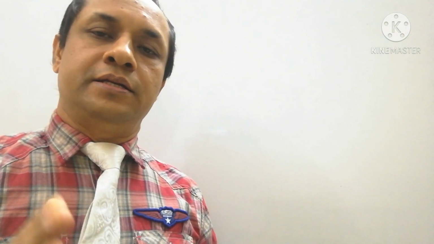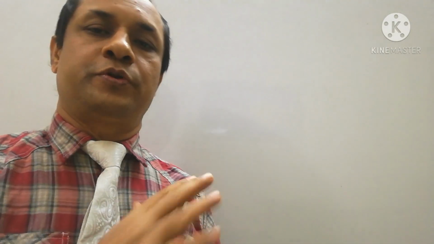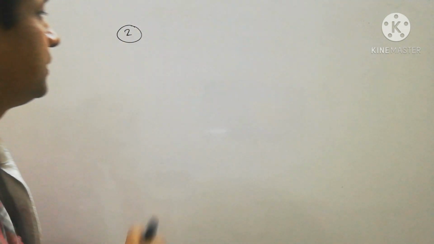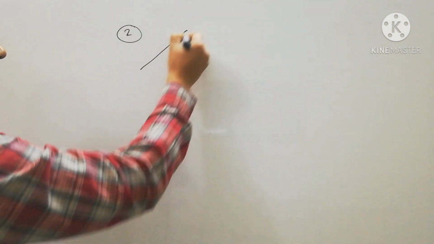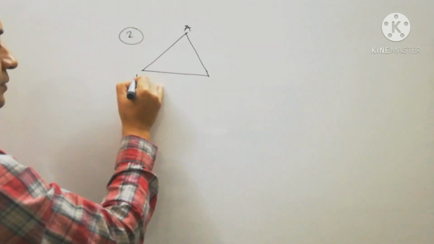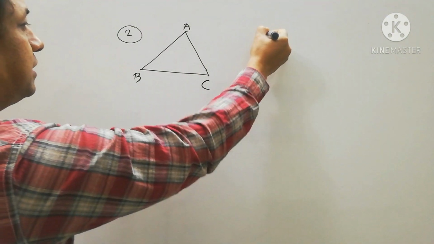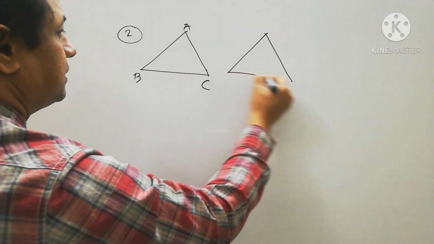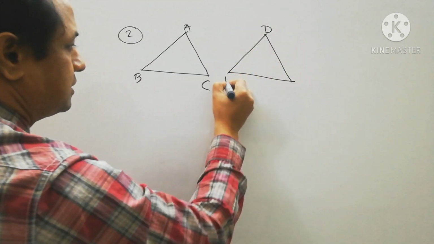Concept number 2. If the bases of two triangles are equal, their heights and areas are proportional. Now let ABC be a triangle and DEF be another triangle.